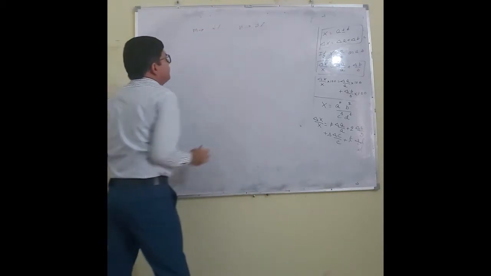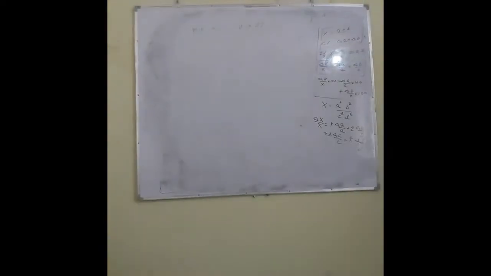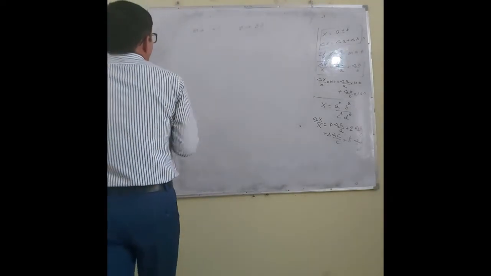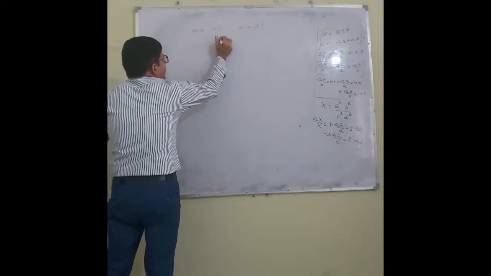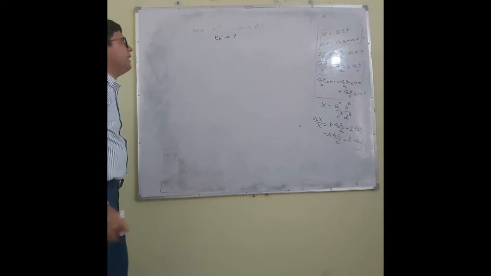Percentage error in mass is 2% and percentage error in velocity is 3%. What is the percentage error in the kinetic energy? Let's check it out.